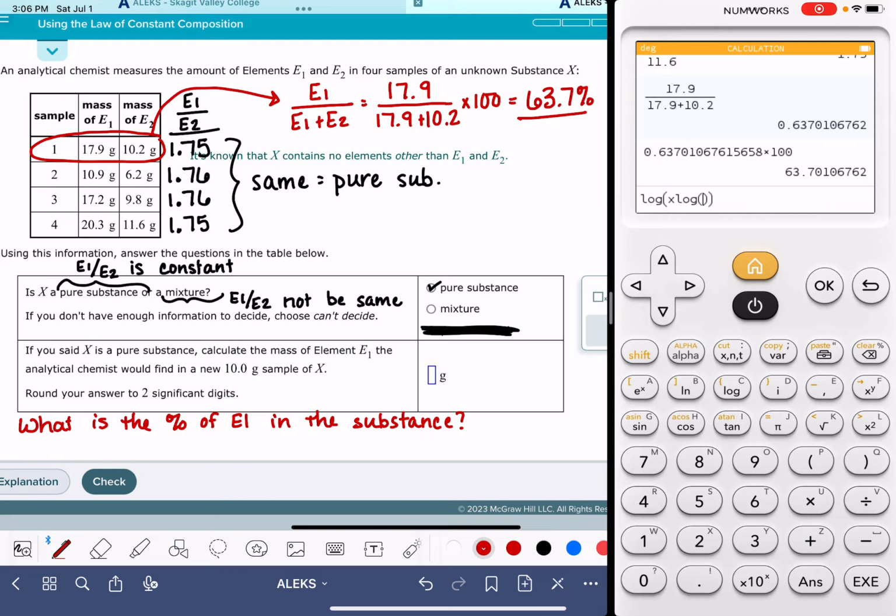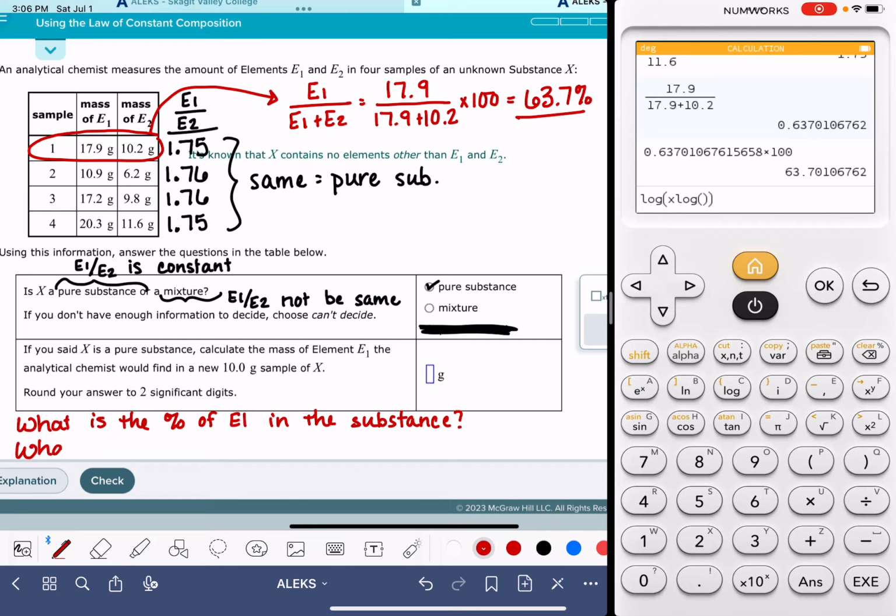So what we're asking ourselves now is, what is 63.7% of 10 grams? And because ALEKS has been nice and given us a nice number to work with, this problem is actually going to be pretty easy to solve.